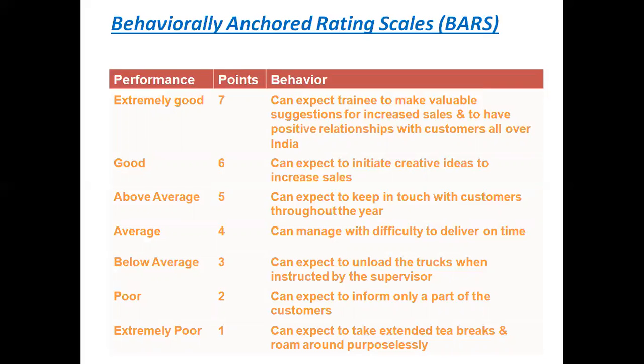So in front of you, on the slide, you can see an example of BARS on a 7-point scale, which is indicating a behavior dimension of performance. On the extremely poor end, it's written, can expect to take extended tea breaks and roam around purposelessly, whereas on the excellent end, 7, is, can expect trainee to make valuable suggestions for increased sales and to have positive relationships with customers all over India.